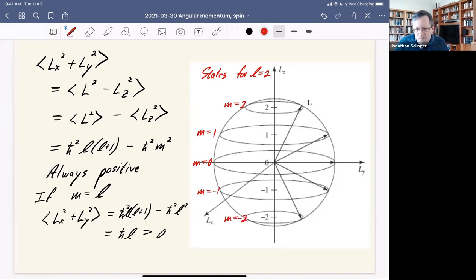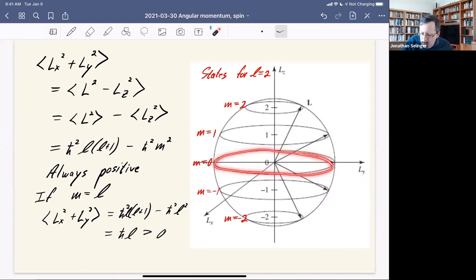Okay. So the notion is that in each of these levels, there's a range of possible states in terms of Lx and Ly. Right? States is not the right word, but possible observable values of Lx and Ly. If we have the m equals 0 state, for example, then we have this whole circle of possibilities.